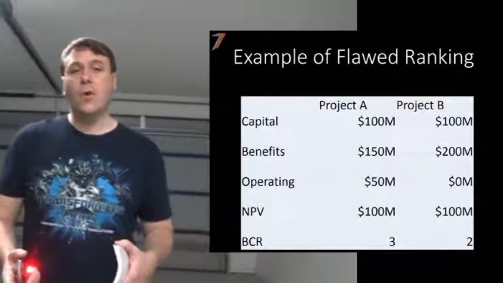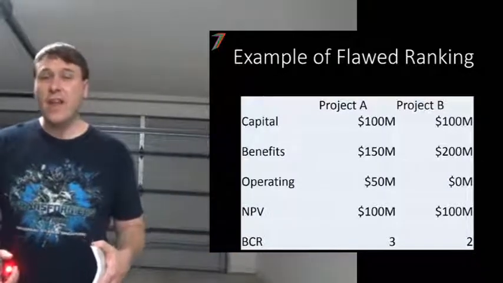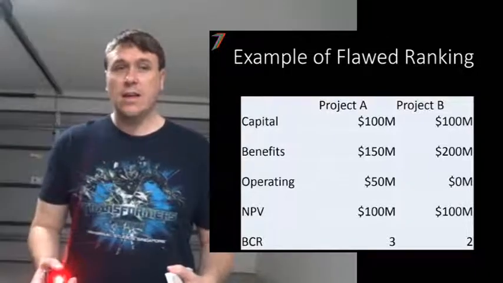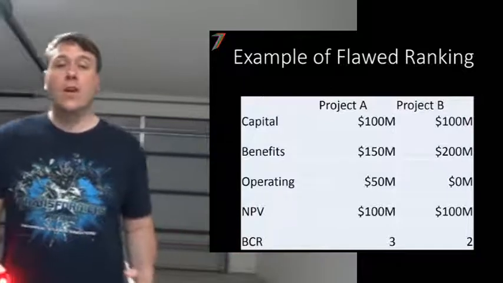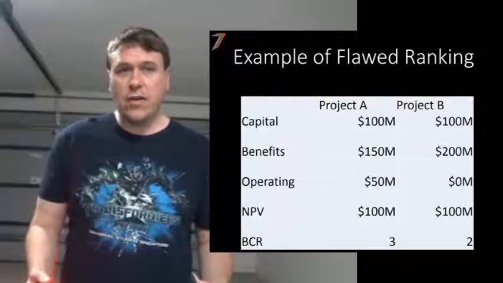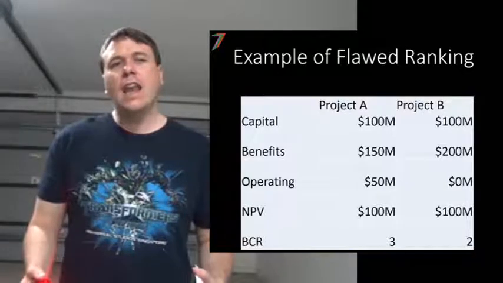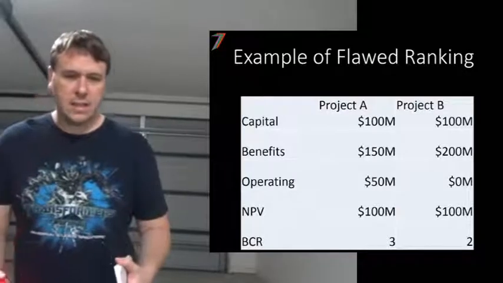And this gets even more complicated for projects that create really high operating cost savings, where maybe over a 10-20 year period those operating cost savings actually exceed capital. And then with your benefit cost ratio, you'd actually have a negative denominator, in the sense that these savings are bigger.